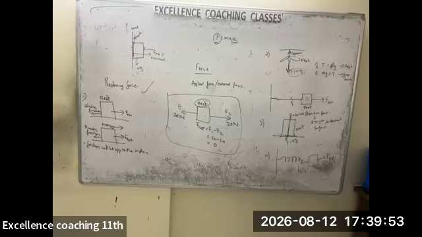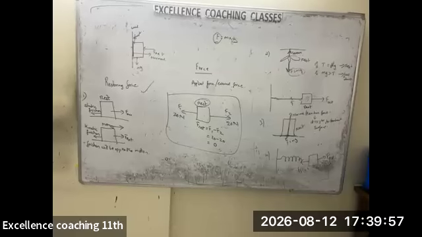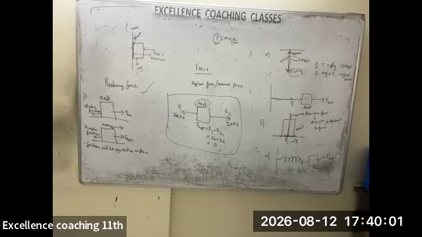A person getting out of a moving bus or train falls in the forward direction. You have experienced this, the conductors jump out, they fall forward and they run and then gain that inertia, but they tend to fall forward. So again, what will you say?